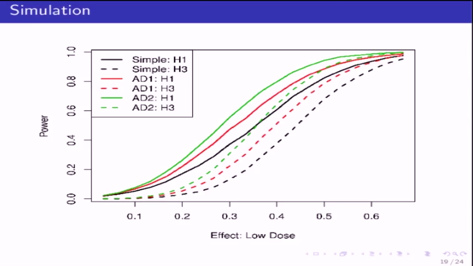So you can see, in comparison to the simple naive testing procedure, the adaptive graph-based version really improves your power simply because in the background we use the first stage data to test some of the intersection hypotheses involved.